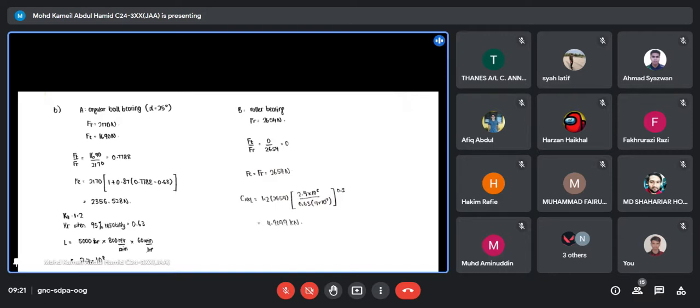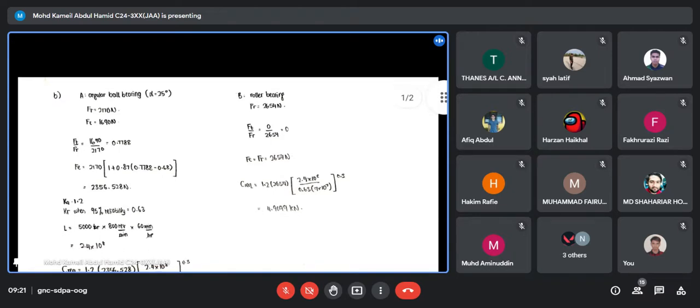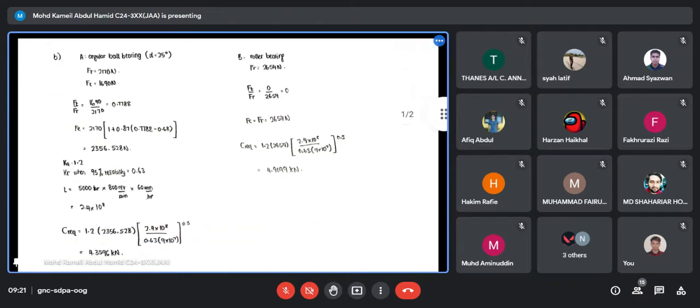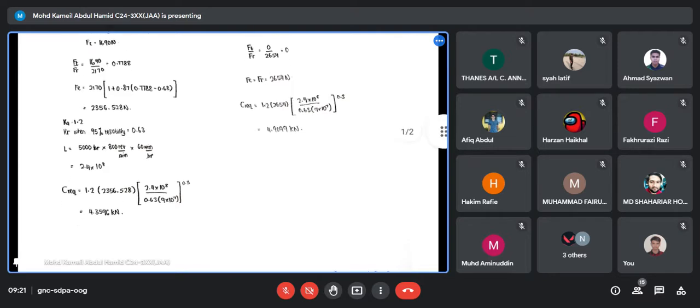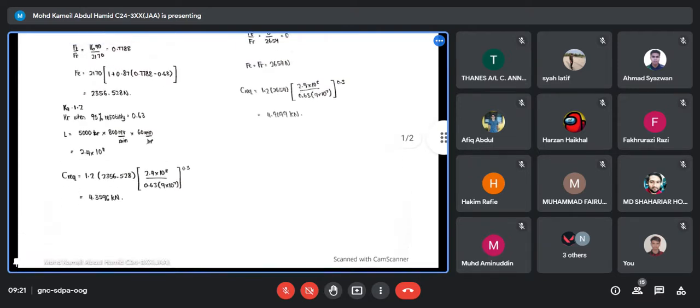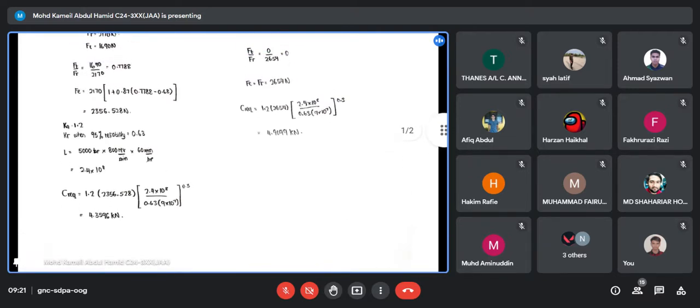Then you're given KA. KA is 1.2. C required. Okay, the KR value. KR value is 0.6263. Okay, that's fine. 0.63. 25%.